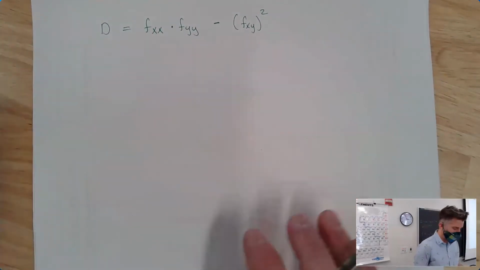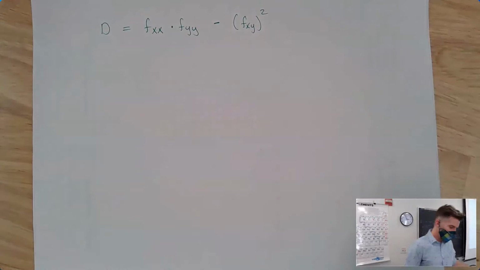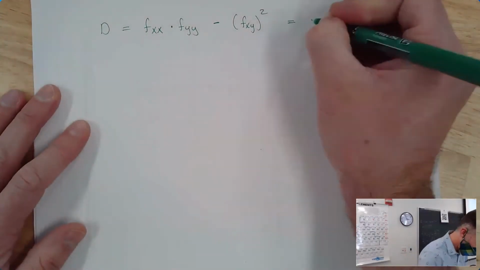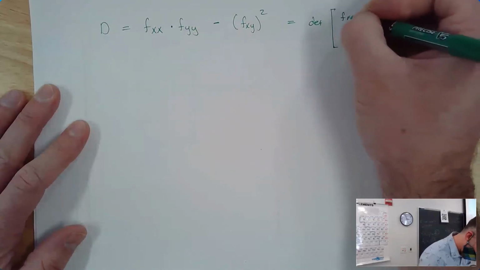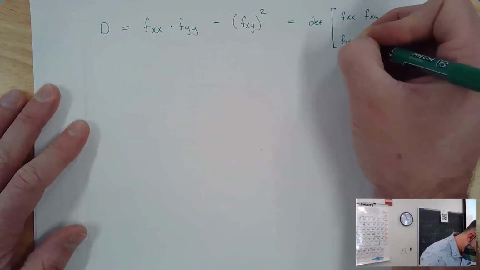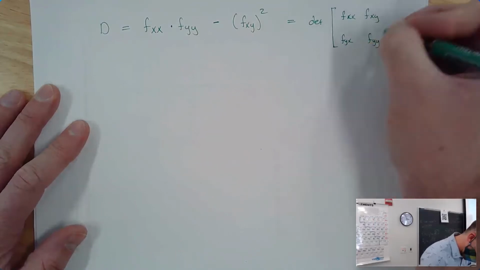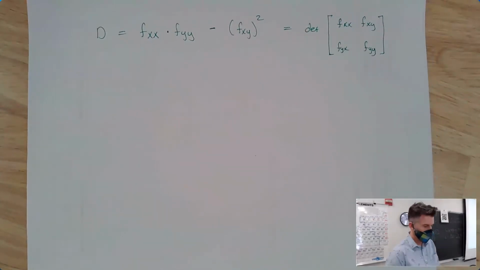But I will point out, since we know about matrices and their determinants, this is really equal to the determinant of this matrix. The determinant of the matrix of second partials.